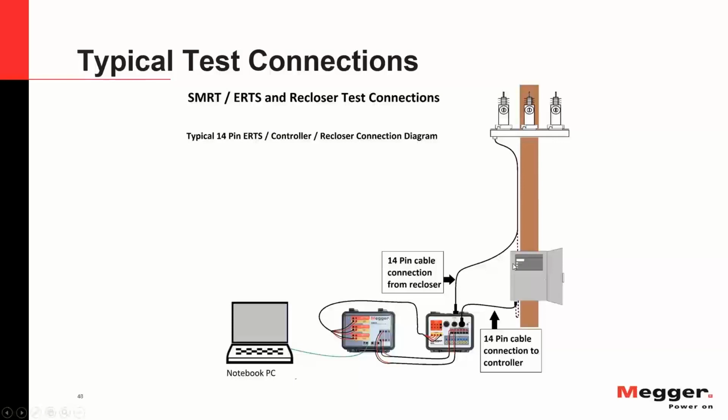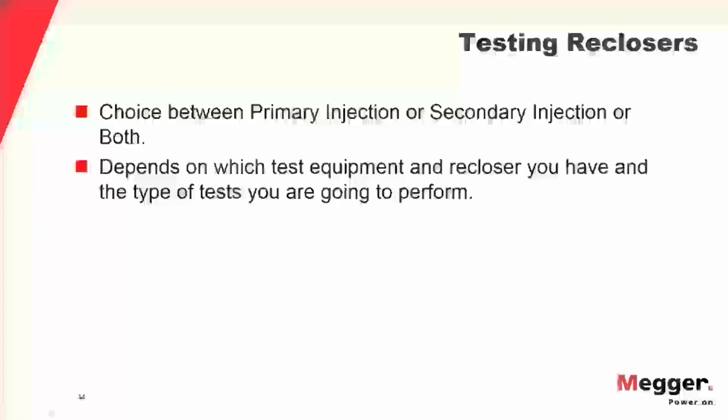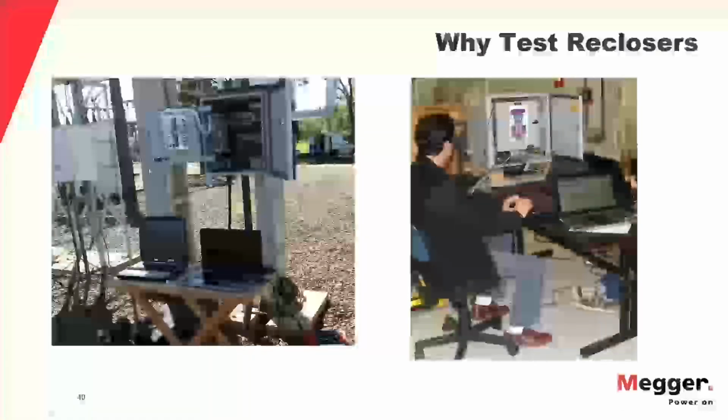One way of doing it is opening the cabinet, disconnecting the relay. If you look here, usually the connections on the back of the relay are a mess. Messing with them is very dangerous because you could make an error after you finish your test.